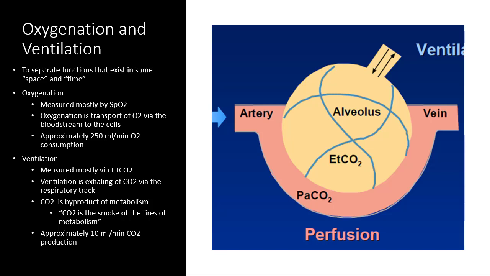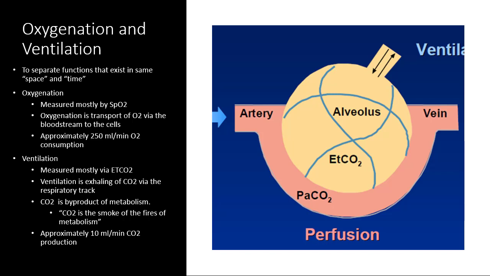Now, I'm not going to get into what we call nitrogen washout and pre-oxygenation and apneic oxygenation in this, but those two concepts are crucial for those discussions as well when you talk about your pre-oxygenation for RSI and airway management. So we only produce about 10 milliliters of CO2 a minute.